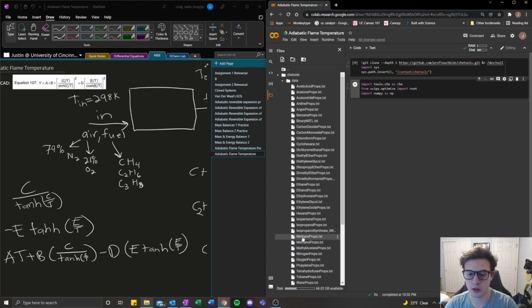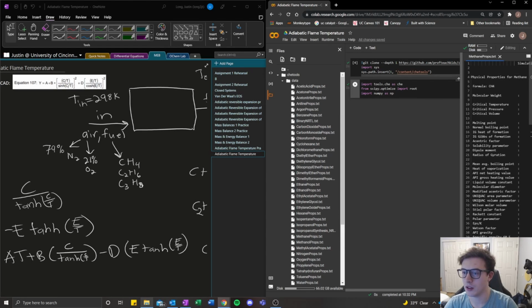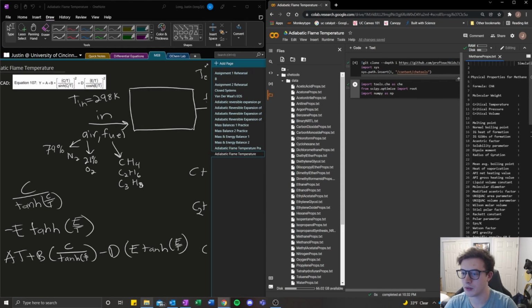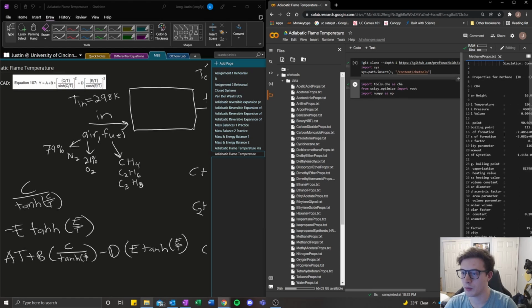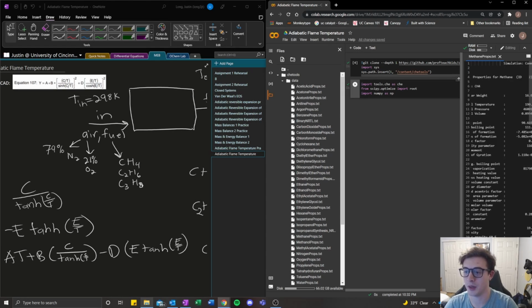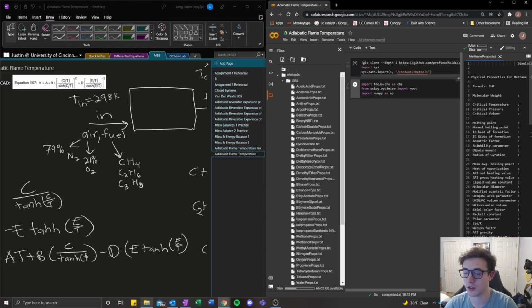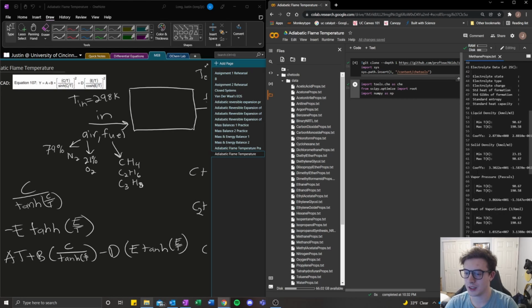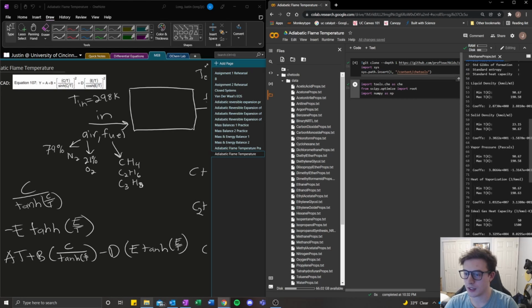So if we pull up the methane here, it shows us all kinds of data on methane, and the important ones for us are going to be this heat of formation, and you can see this right here. It's in kilomoles. We're going to have to keep that in mind when we're coding this. We want to make sure it's in moles, not kilomoles. And then the other thing we're going to be needing is this ideal gas heat capacity, and these coefficients are our A, B, C, D, and E values.